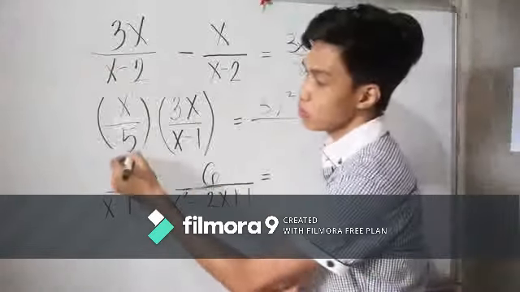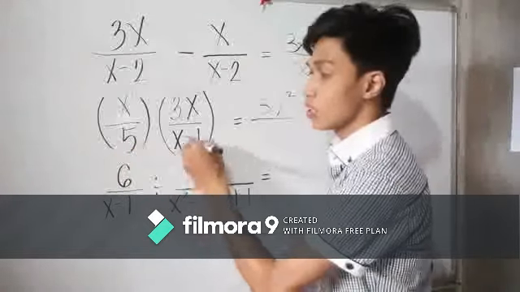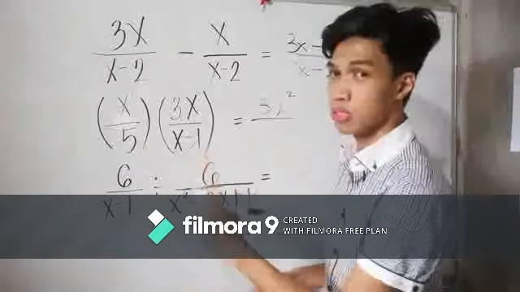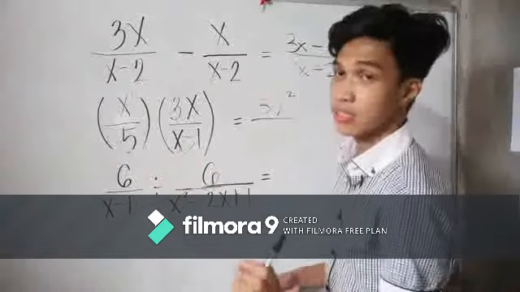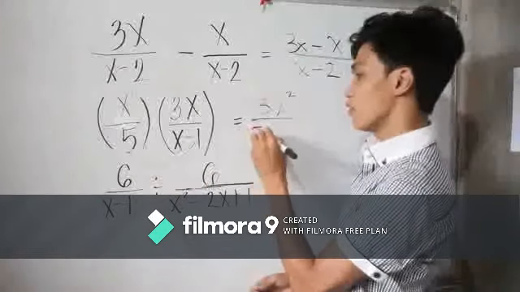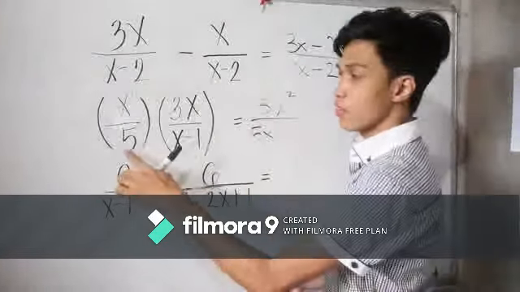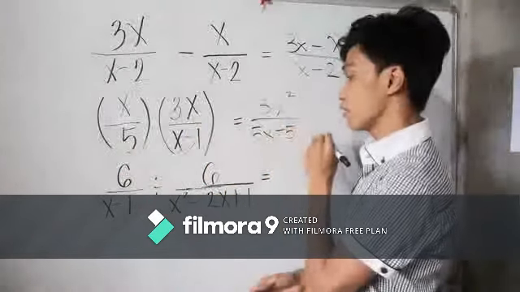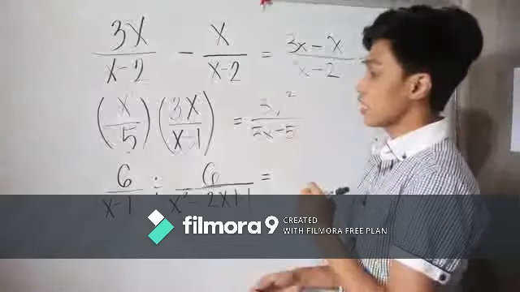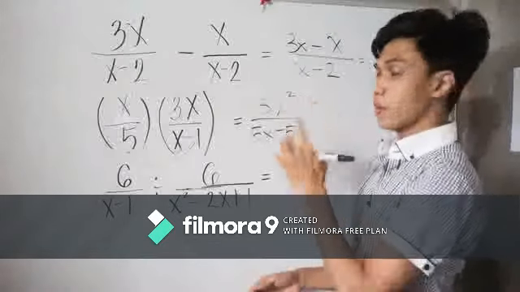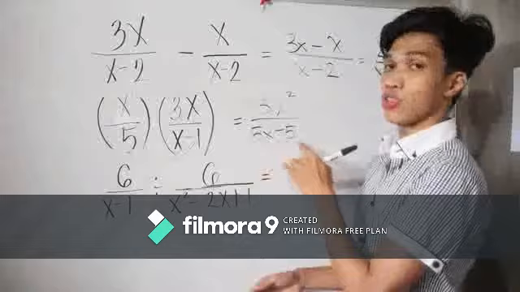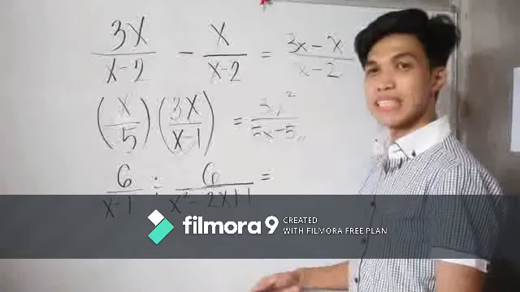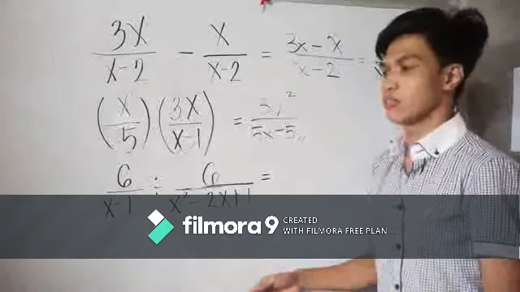We distribute 5 to x and to negative 1. So 5 times x is 5x, and 5 times negative 1 is negative 5. And that's it. The final answer will be 3x squared over 5x minus 5. That will be the final answer.